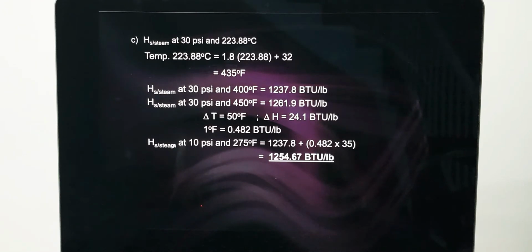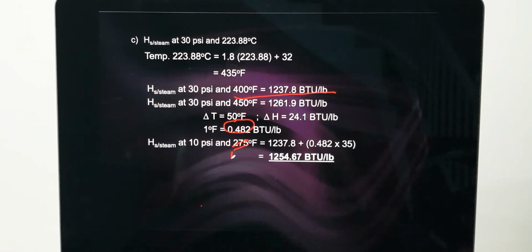So calculate the superheated steam at 30 psi. You should be able to get 1237.8, coming from this 400 degrees Fahrenheit value, plus 0.482 coming from here, times 35. Sorry, you need to change the value. The temperature over here is not 275, it is 435.